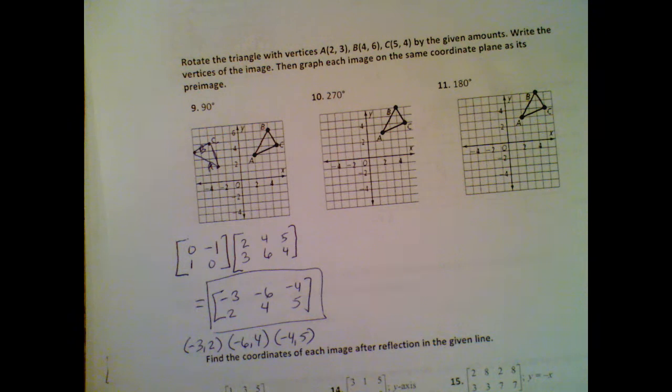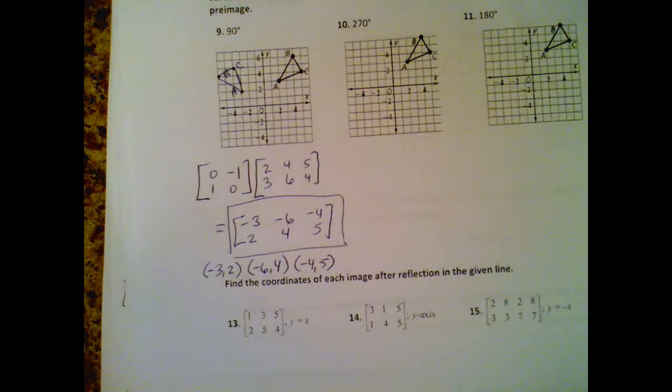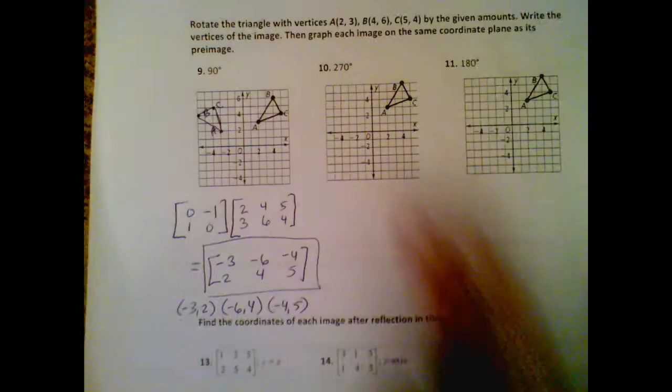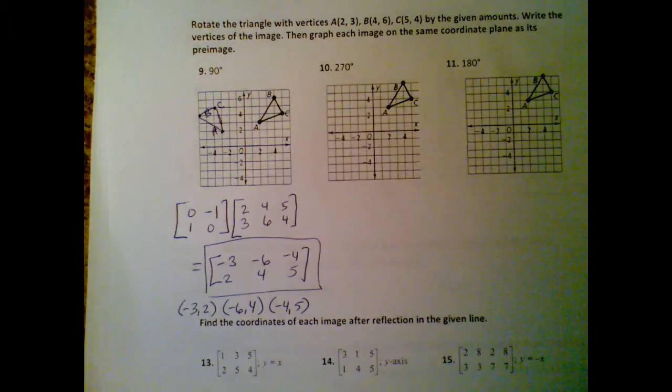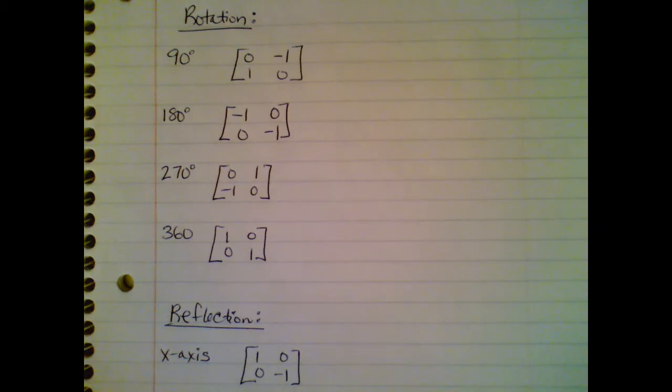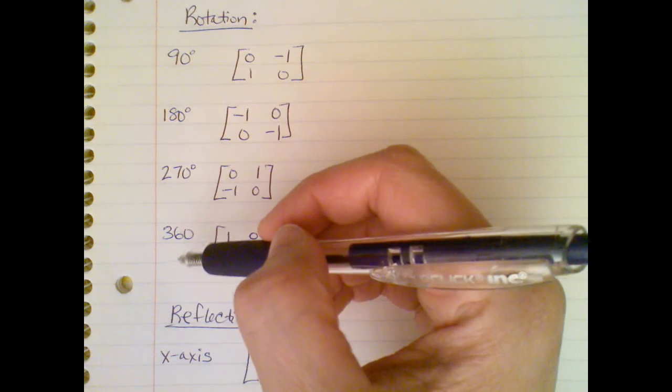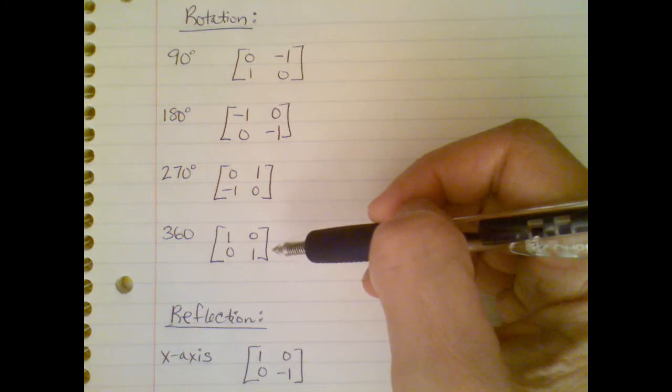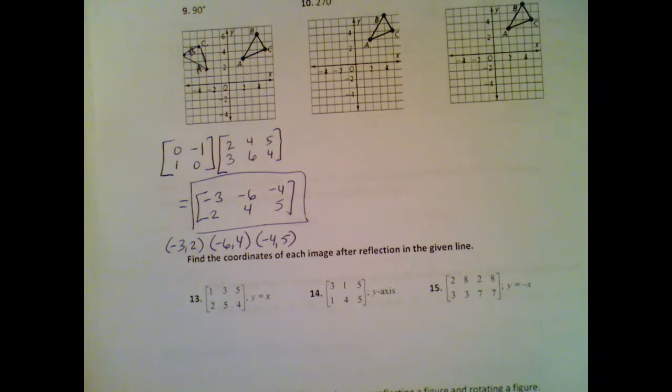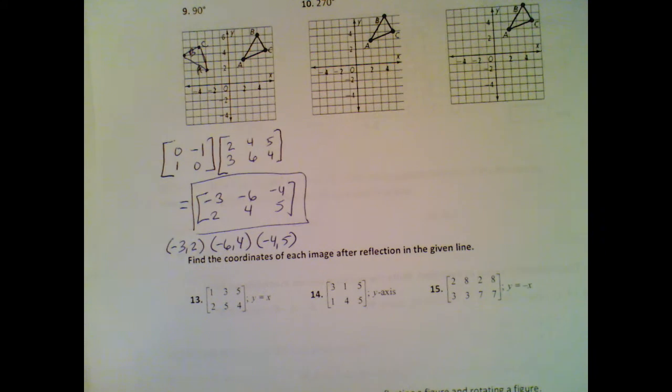So that is our triangle rotated 90 degrees. And for these last two, again, you'll have a formula sheet with them. You'll just want to make sure, however the rotation is, you use that matrix to start off with for your matrix A.